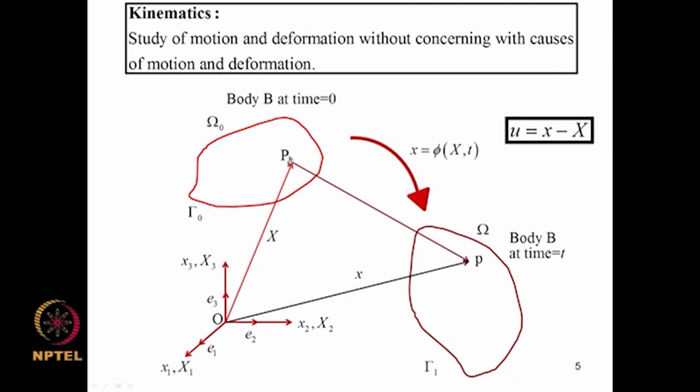So, the position vector of P is X, and after deformation this point P with position vector X gets mapped to point p with position vector lowercase x through this transformation, and u is the displacement vector defined as u of X equals x minus X. In Lagrangian descriptions we treat the coordinates of capital P, that is capital X1, X2, X3, as the independent variables, whereas in the Eulerian system we treat the current position of particle P in the current configuration, that is lowercase x1, x2, x3, as the independent variables.